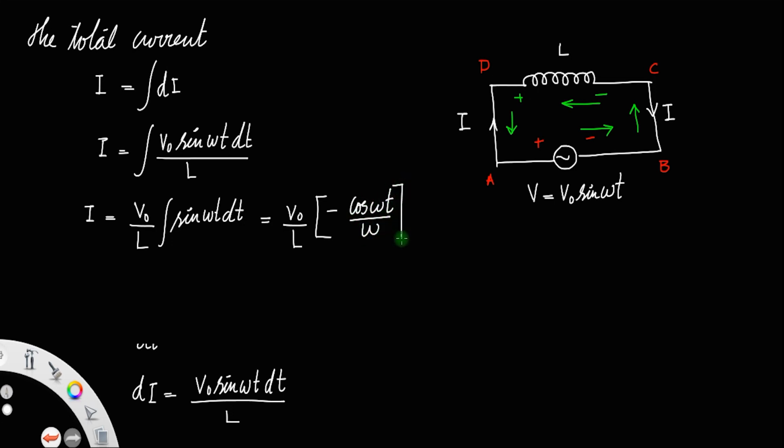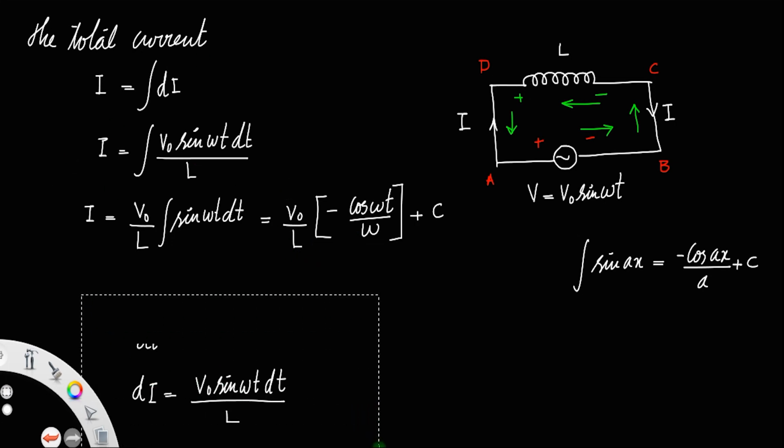We have to write omega because, and now a constant c. We have the integral of sine ax, where a is a constant, is equal to minus cos ax by a plus some constant c. I just applied this formula here. So the integral of sine omega t is minus cos omega t divided by omega.